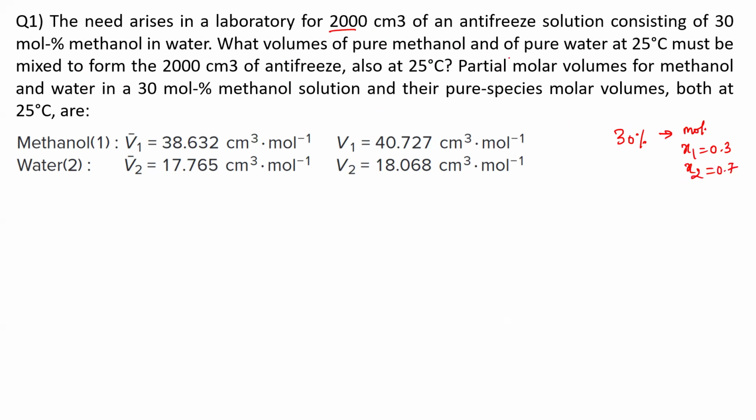What volumes of pure methanol and pure water must be mixed to form the 2000 centimeter cube? So what we have is V, which is 2000, and we want to know V1, V2 to be added.